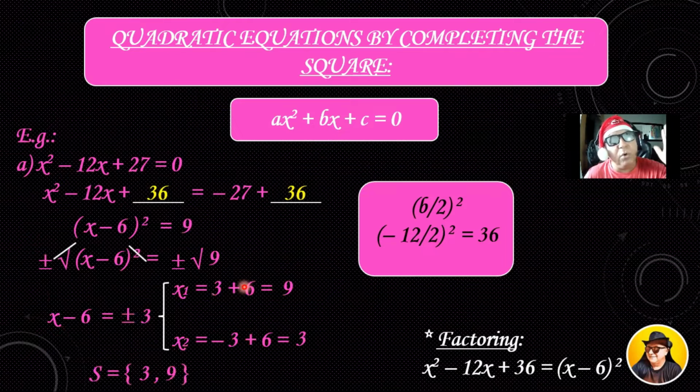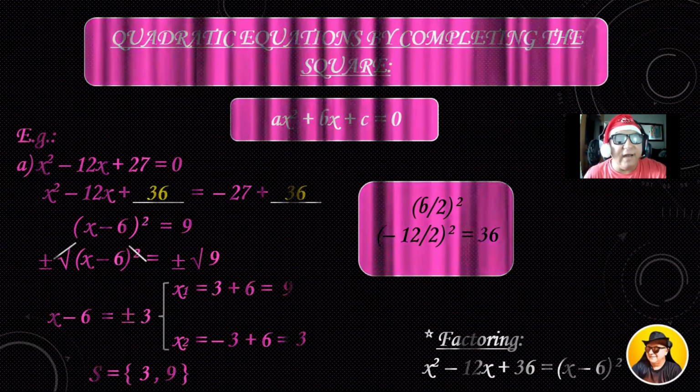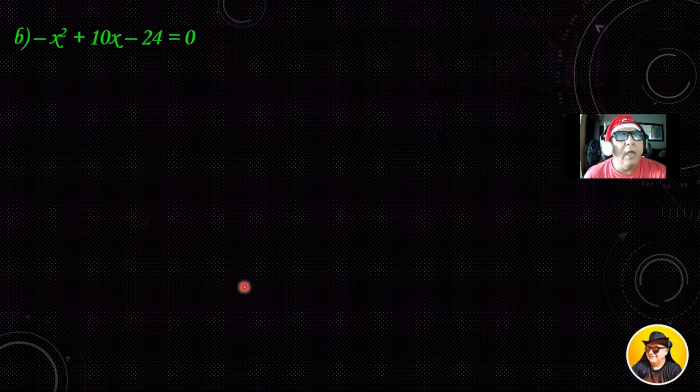So we've done letter A. Let's see letter B: minus x squared plus 10x minus 24 is 0. I myself used to multiply the equation by minus 1. Some teachers and students divide the equation by minus 1 instead.